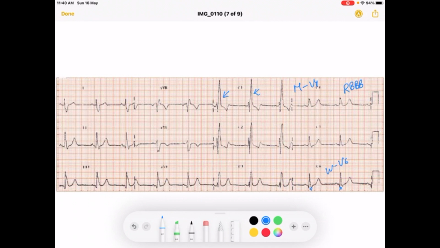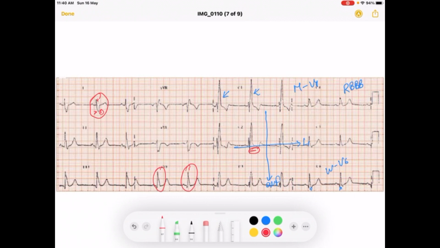Now let's see the axis deviation. Lead 1 has both positive and negative waves, but predominantly it is a negative wave. AVF is a positive wave.